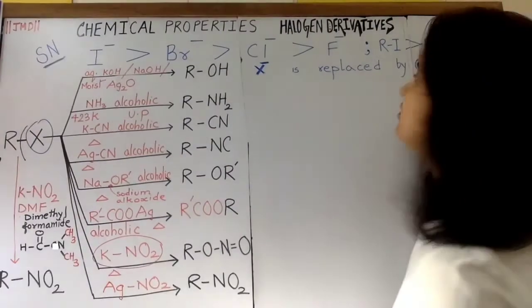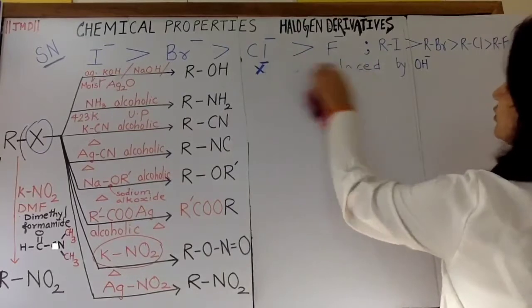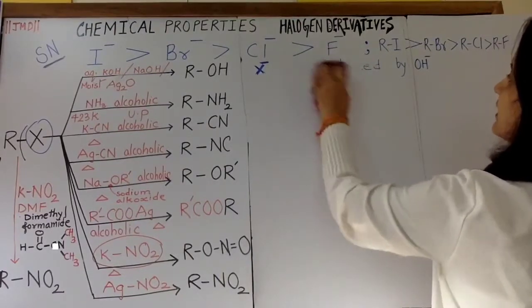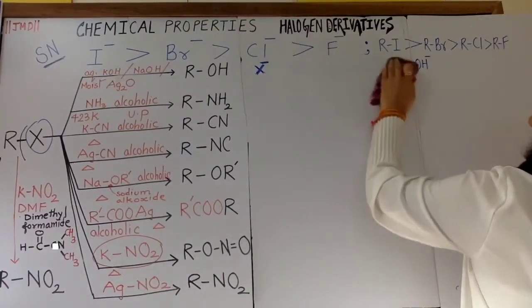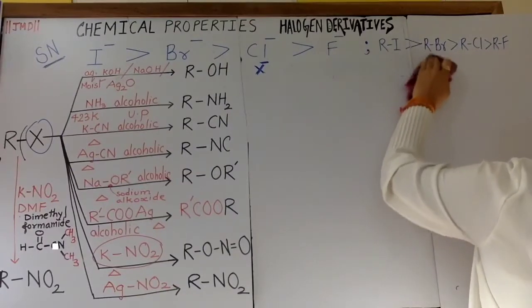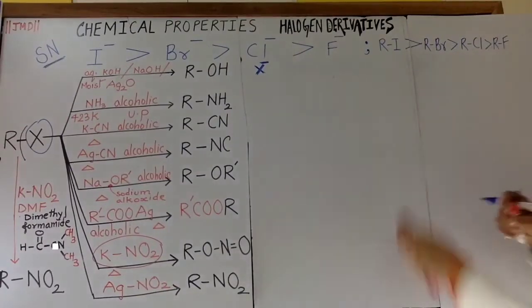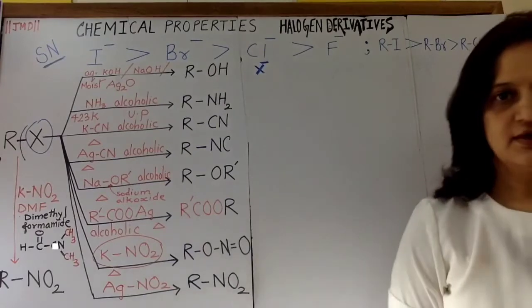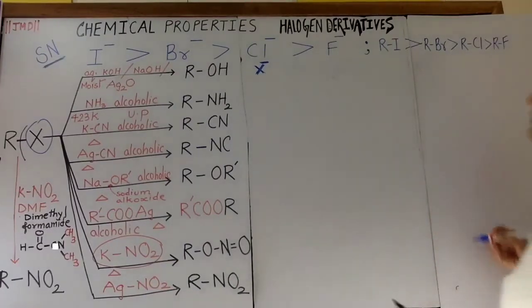Now we will not write so much, only to understand in the beginning I have written that. We'll just write X minus replaced by so and so minus. We'll not write the entire thing.